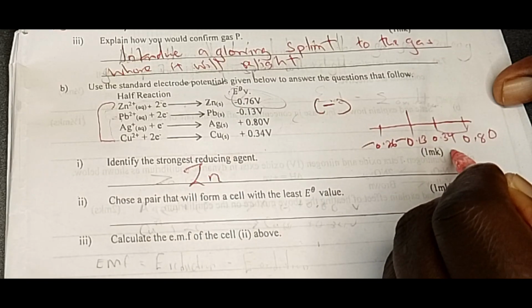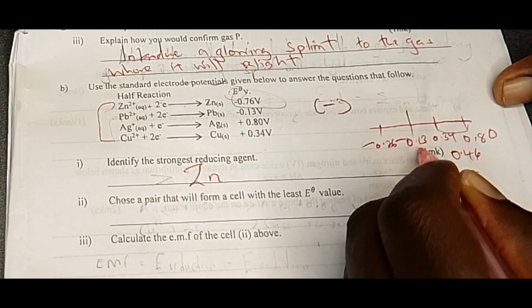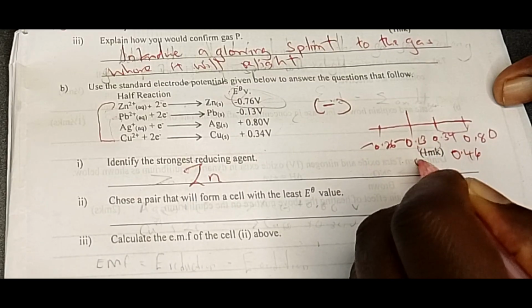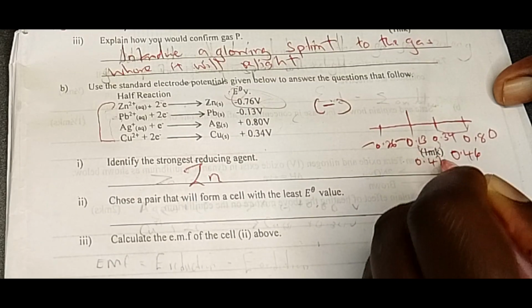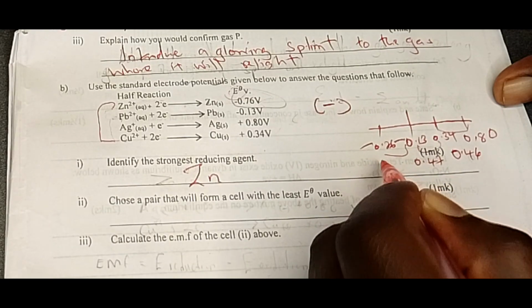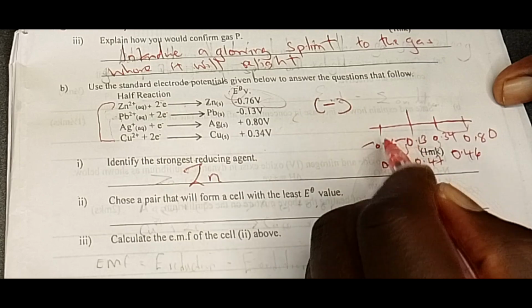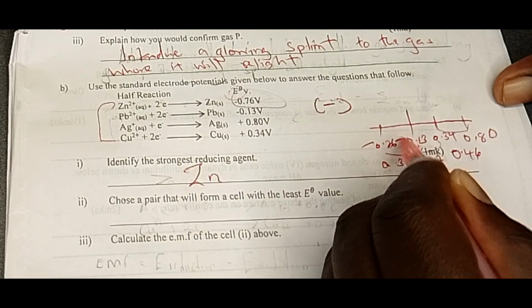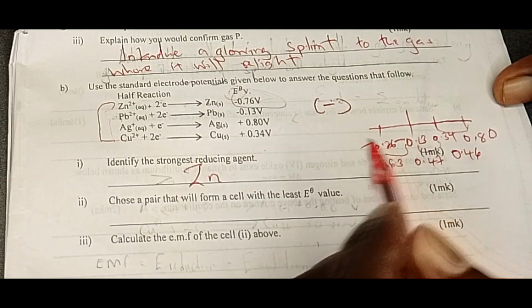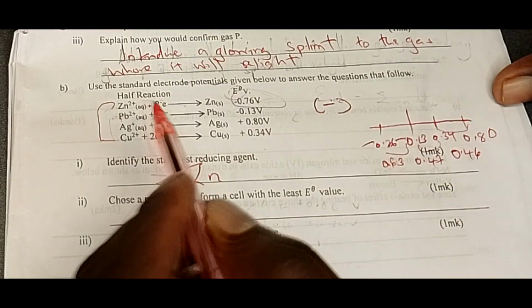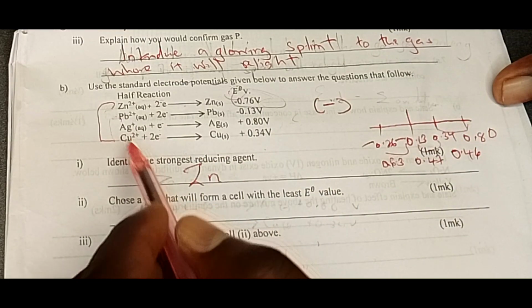This is 0.46, 0.34 minus negative 0.13 will give you 0.47, and this one will give you 0.63. So the pair which will give you the least EMF will be that one of silver and copper.